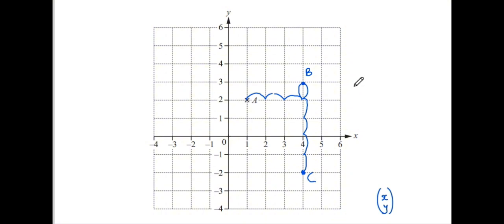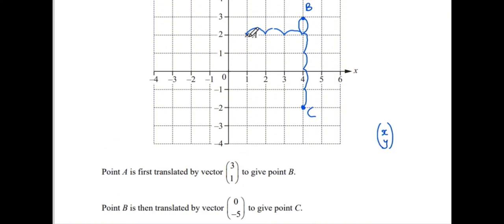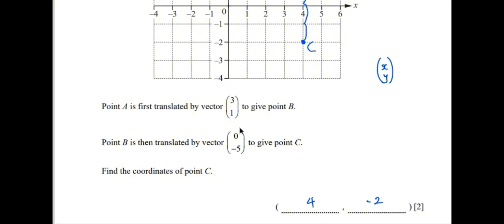Okay. So they're not asking us the coordinates of C. The x value of C is 4, while the y value of C is 2. You can as well add the two vectors and add it to the original vector. What I mean is that the original vector A is 1 and 2.